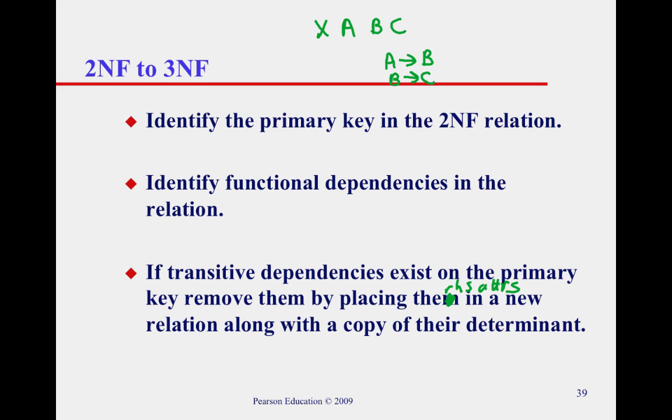So your first step would be to take and form a new relation with A, B, because this is the dependency, and you'd have to bring along C because it depended on B. But then you'd have to recursively decompose that because B determined C, so you'd end up with the relations XA, AB, BC.